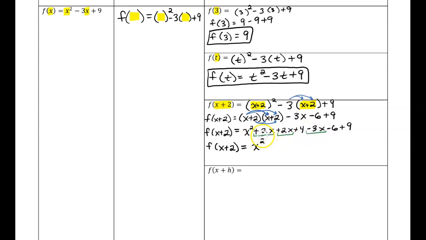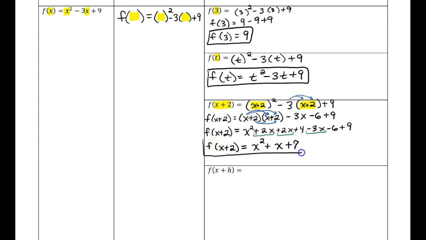So I'm going to look at 2x plus 2x, well, that's 4x, minus 3x, well, that's just going to give me a plus x, right? Or 1x if you want to see the 1 in front, that's okay. Then looking at our constants, we have 4 minus 6, well, that's negative 2. Negative 2 plus 9 is a positive 7.